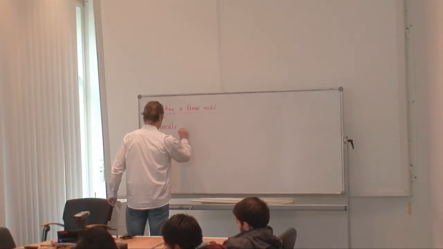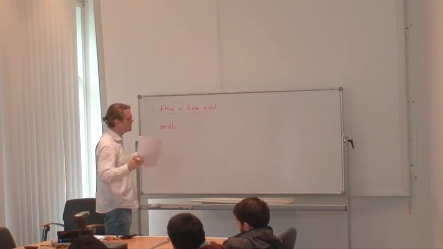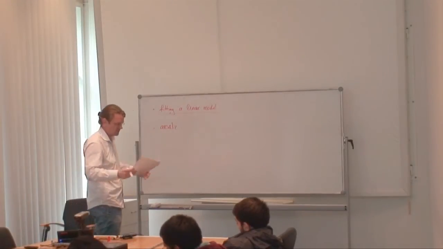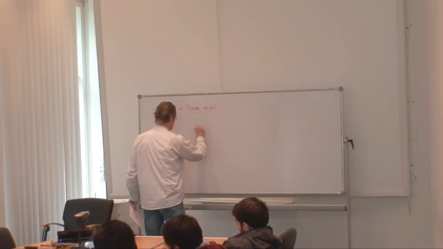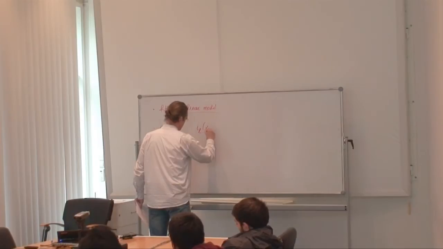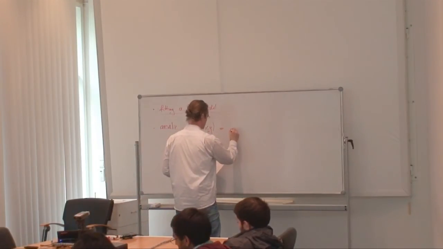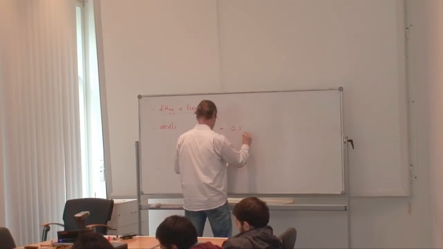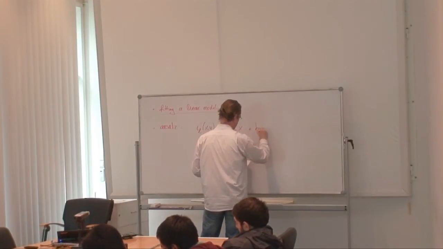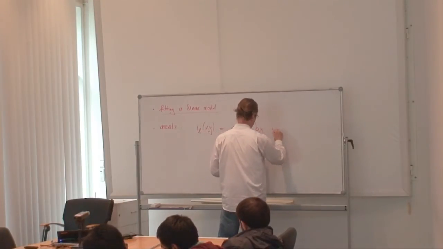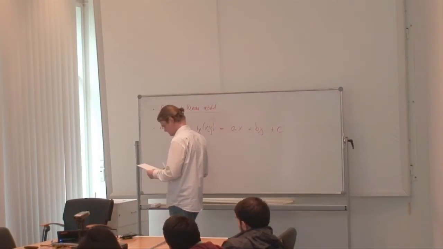And we will assume from now on, just because what else can we do, that this function IL of x and y is given as a times x plus b times y plus c.